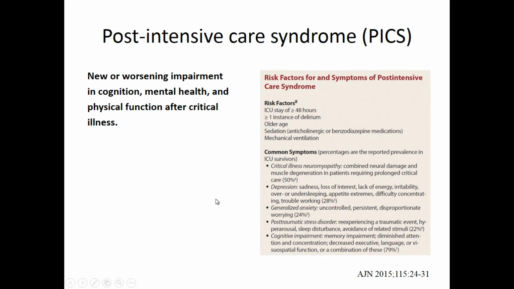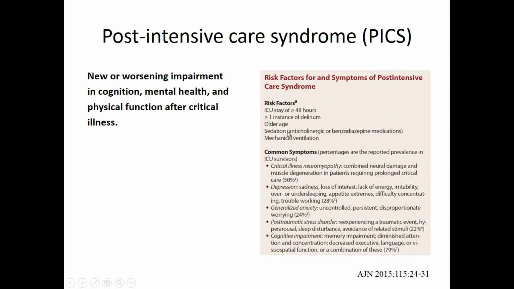Well, there's a relatively new diagnosis of post-intensive care syndrome, and that's defined as a new or worsening impairment in cognition, mental health, and physical function after a critical illness.